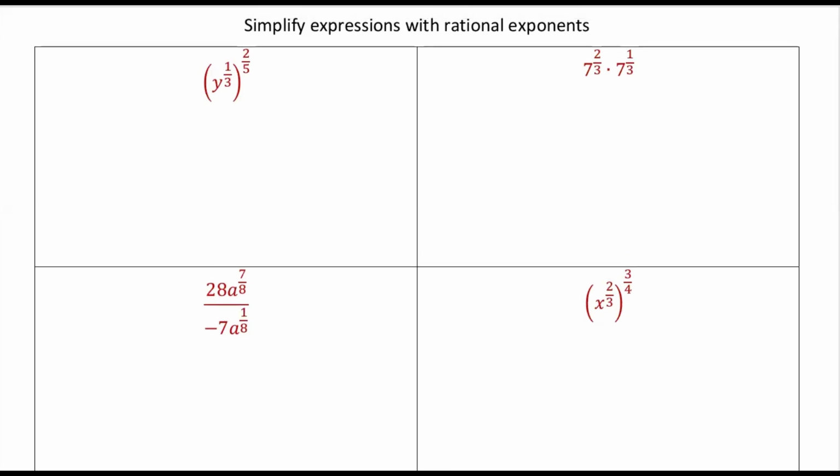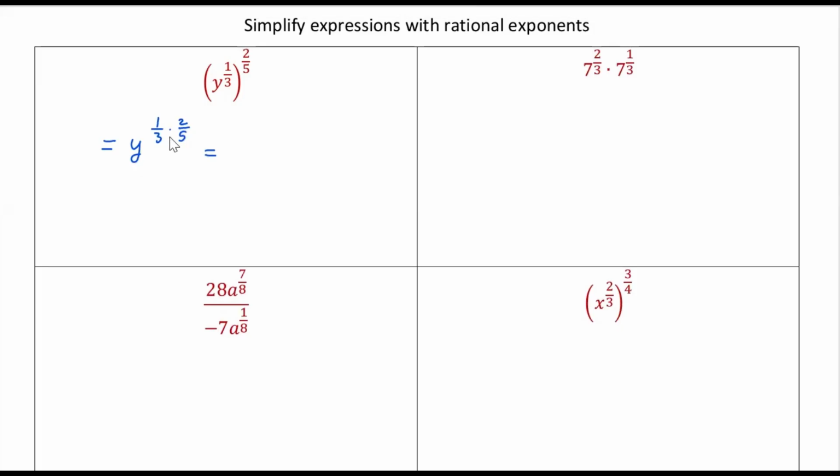To simplify expressions involving rational exponents, we can use the same rules we learned for integer exponents. So if we have two exponents on top of the same base, we can use the power rule to multiply these two exponents.